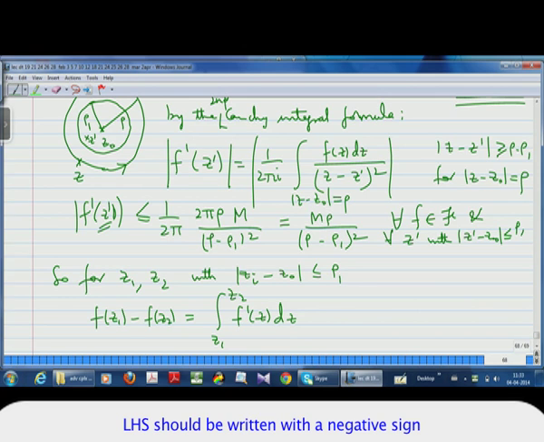The moment the function has an antiderivative, the integral is just the difference of evaluation of the function at the final and initial points. The path of integration here really does not matter so long as the path lies inside this closed disk, and I am taking the path to be the straight line segment from z1 to z2.